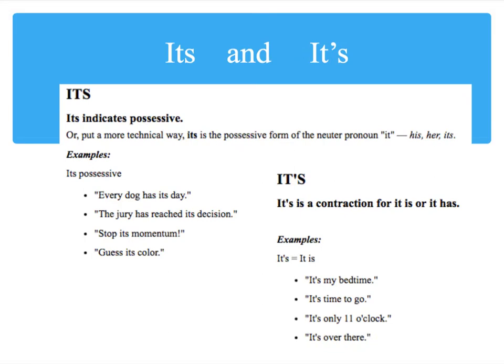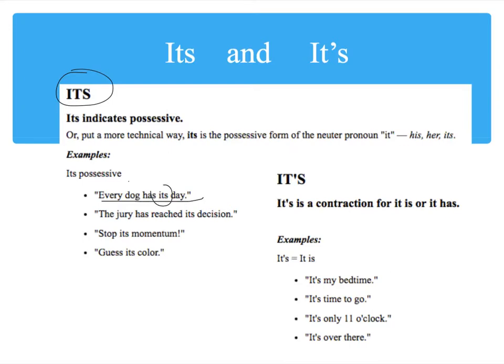So let's get started with its and it's. Which one is it? So the word its, right here, its, indicates that it's possessive or it owns something. So I see some examples here. Every dog has its day.